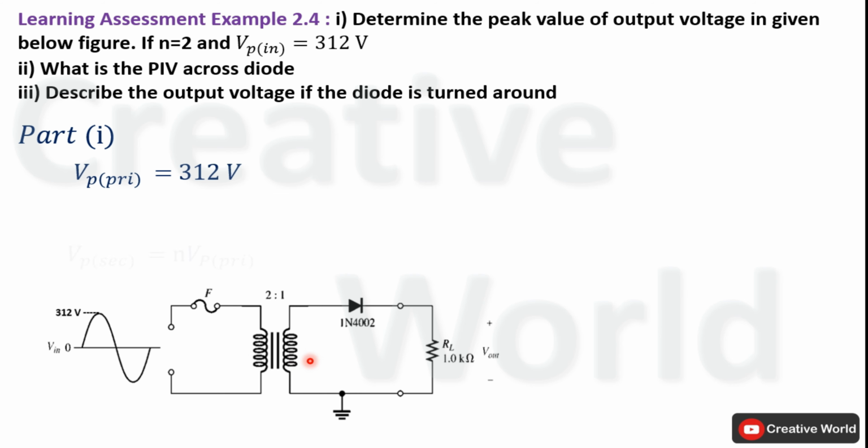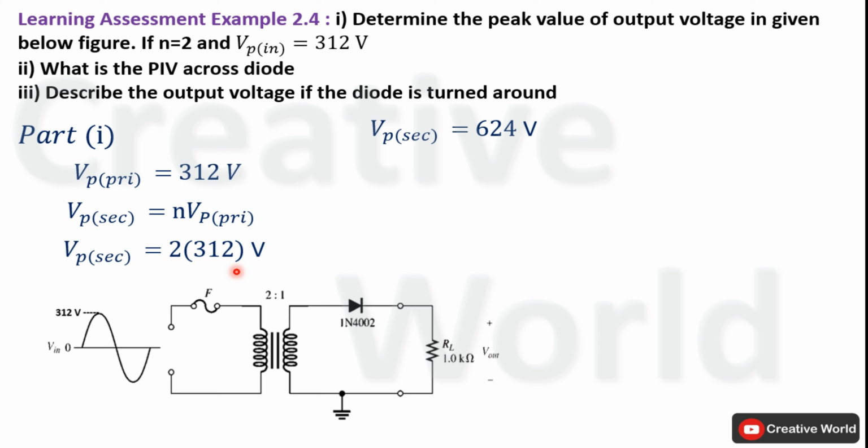The formula is V peak secondary is equal to turn ratio N multiplied by V peak primary. Entering the values, secondary peak voltage will be the product of 2 and 312 volt. So V peak secondary will be 624 volt.